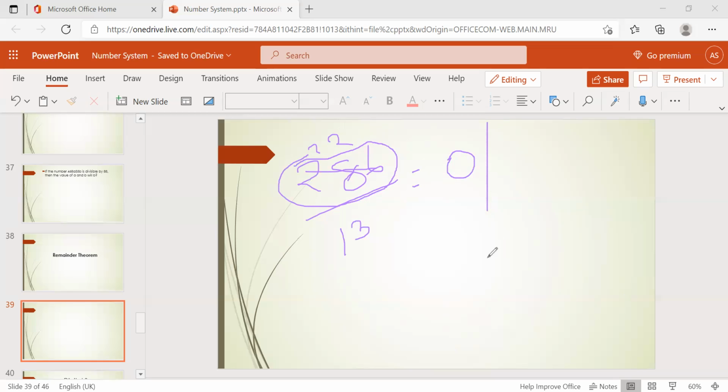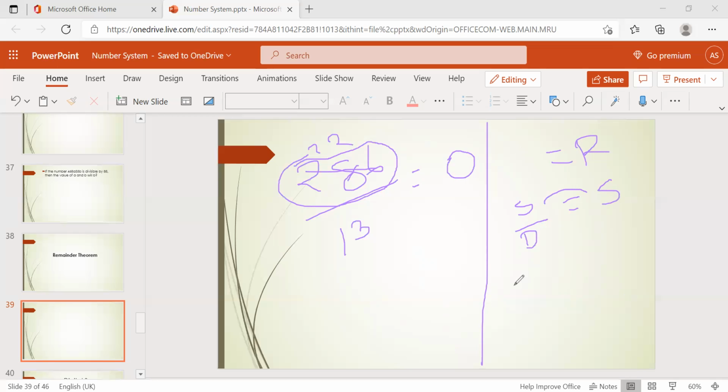So first of all, three concepts. Whenever you divide a big number by a smaller divisor, we'll get a remainder, whatever that remainder may be. If you divide a small number compared to the divisor, we'll get the same number as the remainder.